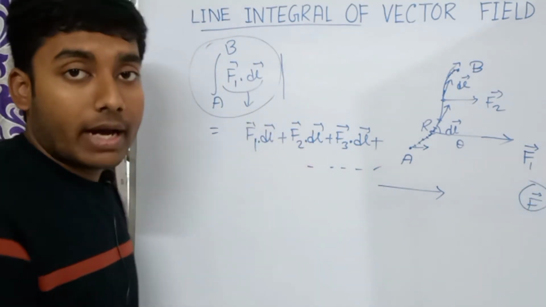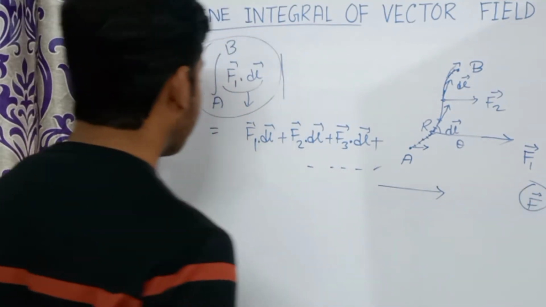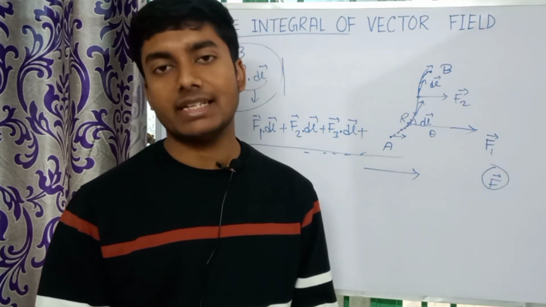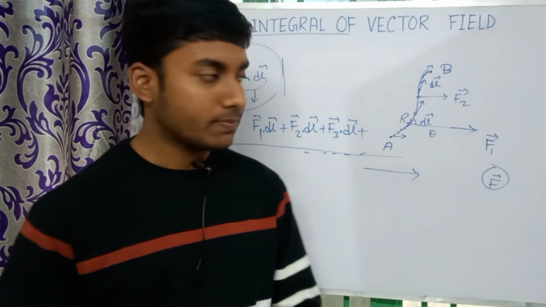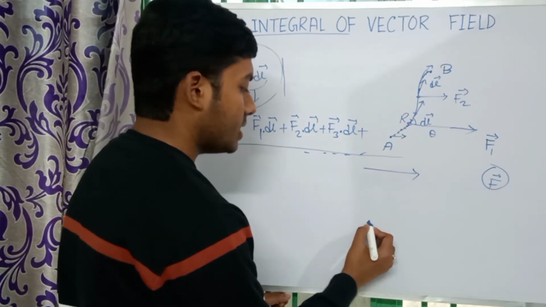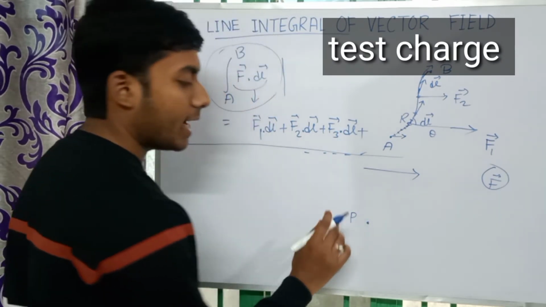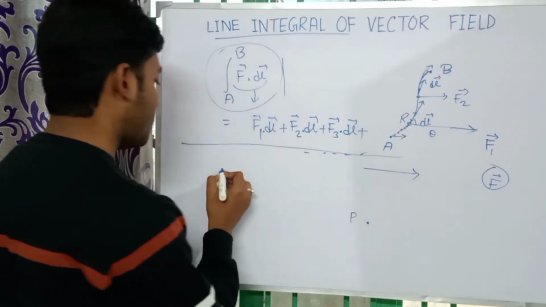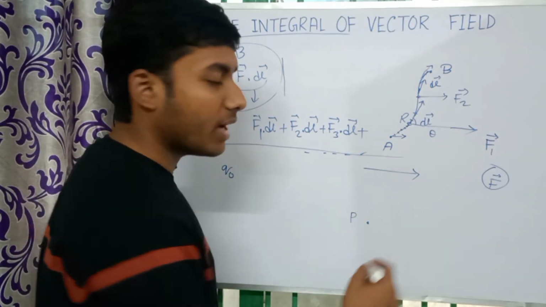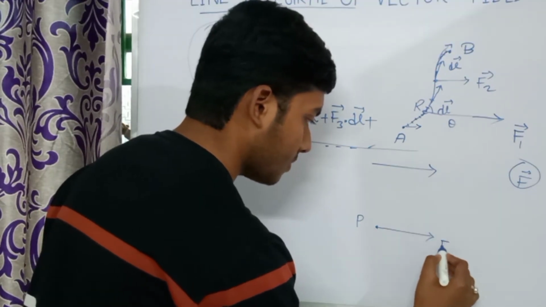Now what does it signify? Let us take a very simple example from electrostatics. Suppose the vector field here is an electrostatic field. Suppose a point charge q0 is located at point P, and there is a vector field directed this way.